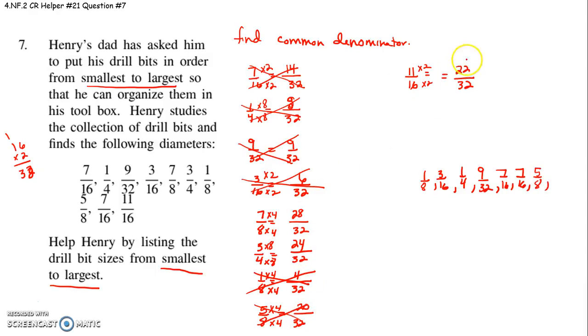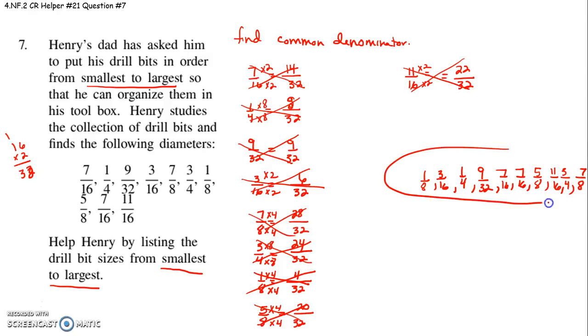Then 22/32, which is 11/16. And then 24/32, which is 3/4. And then finally 7/8 was 28/32, so 7/8 is the largest.